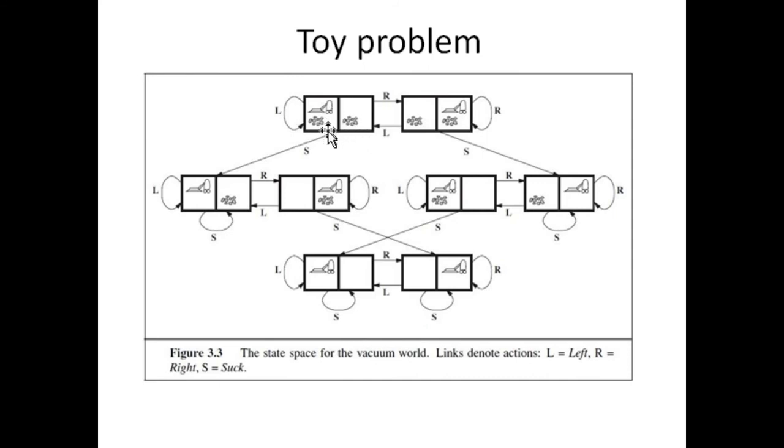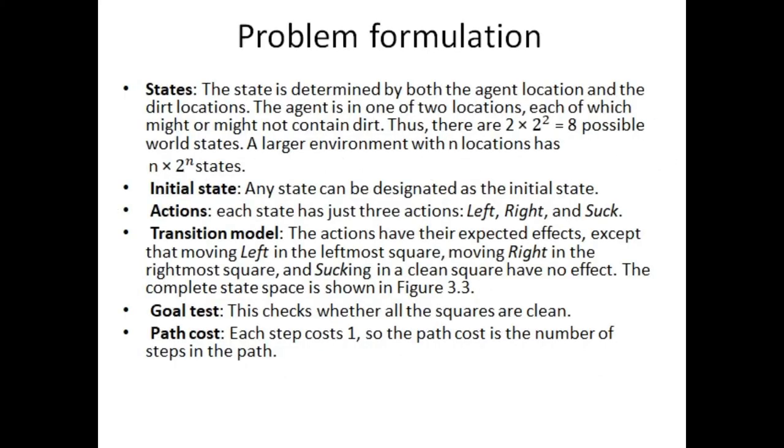These two boxes are two different locations. So that's why the value of n is 2. But as a whole, when we combine these two boxes, they represent a state, but there are two locations. So n is equal to 2.